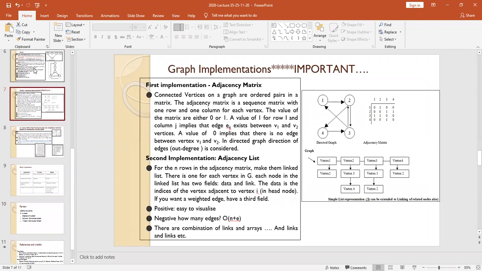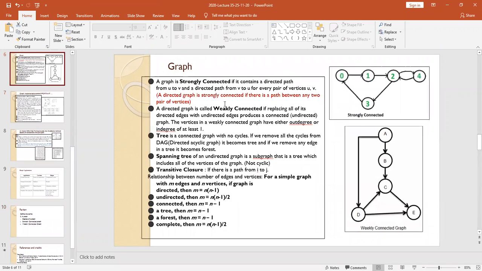A graph is strongly connected if it contains a directed path from U to V and a directed path from V to U. This is strongly connected because there is a directed path from 2 to 4 and also a directed path from 4 to 2.